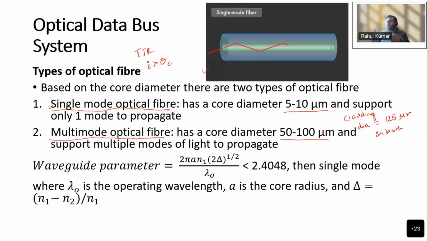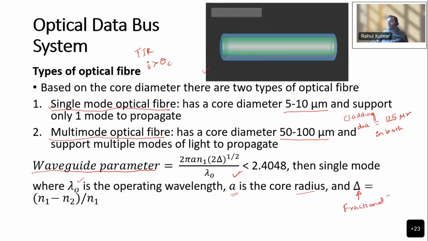Now, based on this waveguide parameter, we have the formula here. Based on this waveguide parameter, we can decide whether an optical fiber is a single mode or a multi-mode optical fiber. This waveguide parameter depends on the operating wavelength, the core radius, and delta. Delta is your fractional index change.